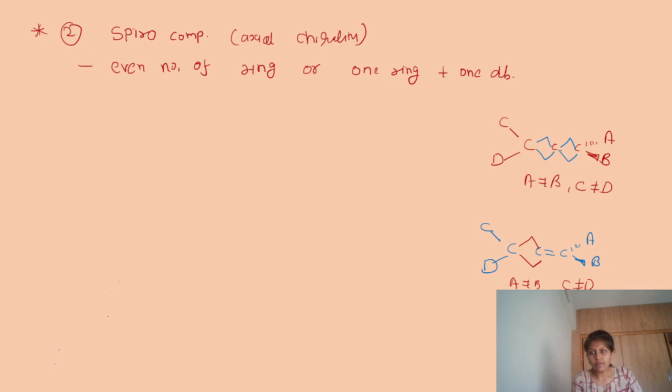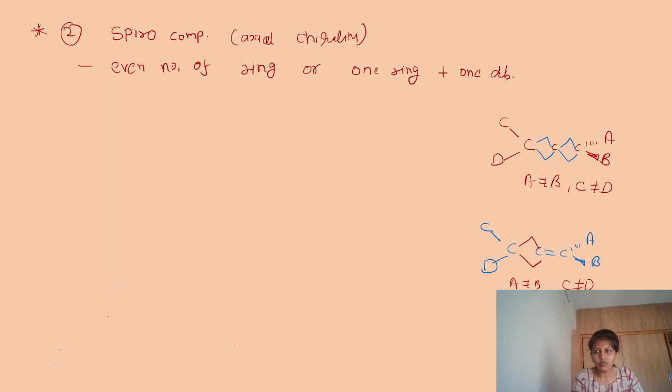So an even number of rings, or one double bond and one ring, so the total must be even. Okay. So in the same way we can find R and S as in the previous example in the Allene system.